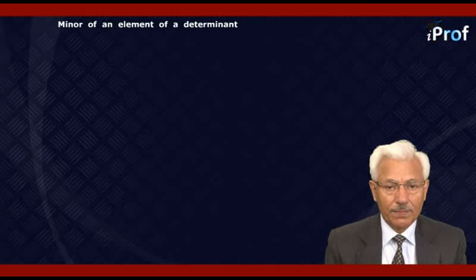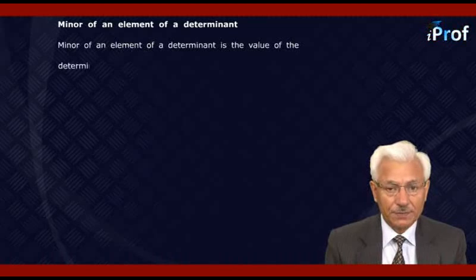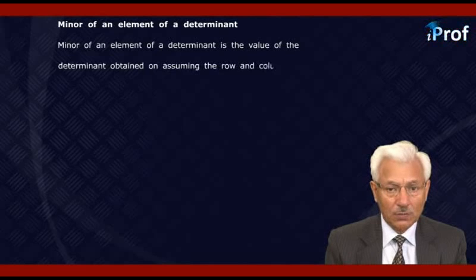We now discuss the minor of an element of a determinant. Minor of an element of a determinant is the value of the determinant obtained on assuming the row and column of the element as removed.